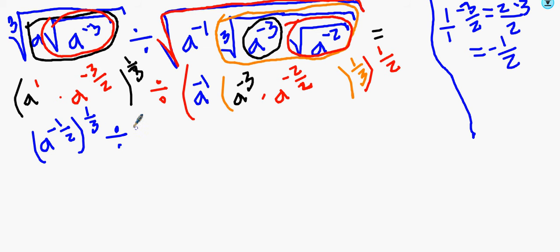Then we divide. Now let's look inside here. So we have a to the negative first, and then we need to distribute here. A to the negative 3 times 1 is negative 3. So negative 3/3, that's a to the negative 1.